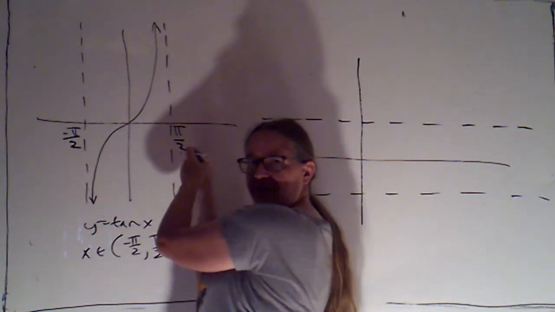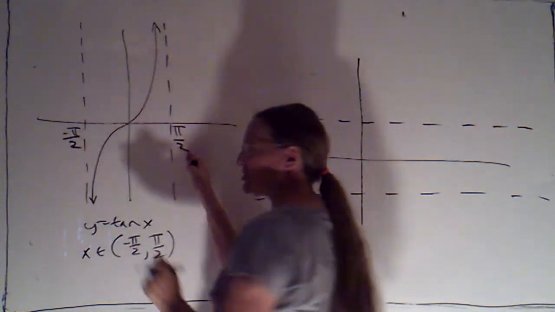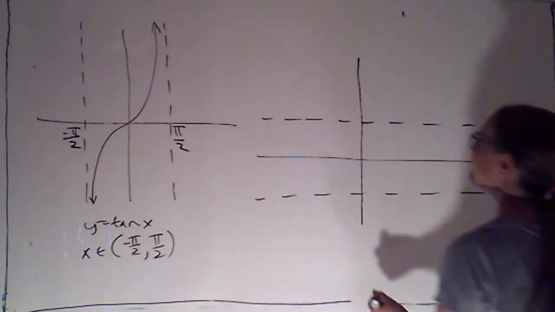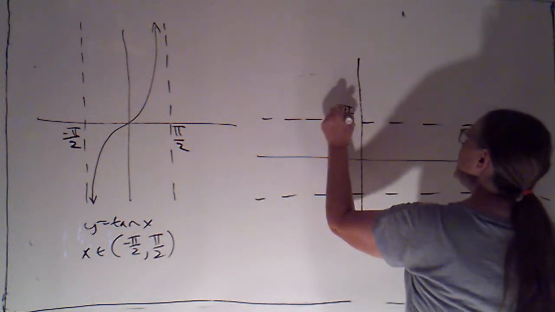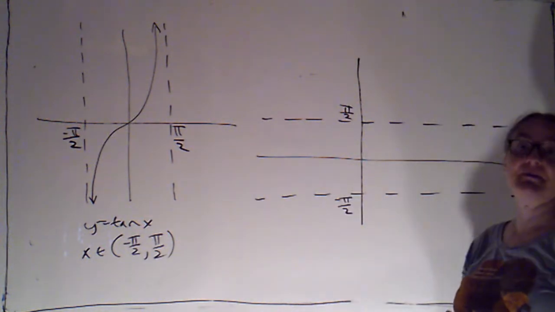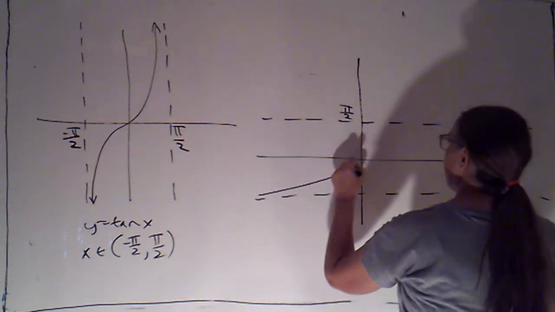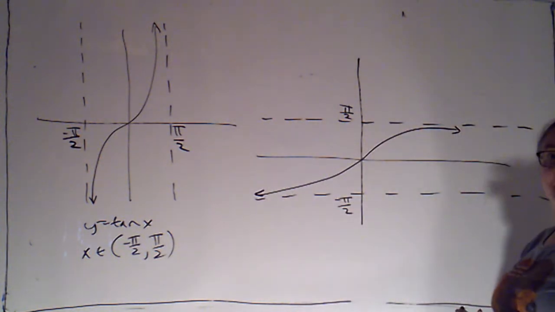That should have been negative pi over 2 and positive pi over 2. I left out the over 2. That is now fixed. Okay. So those vertical asymptotes at plus and minus pi over 2 become horizontal asymptotes at plus and minus pi over 2. And then the graph of tangent does something like so.